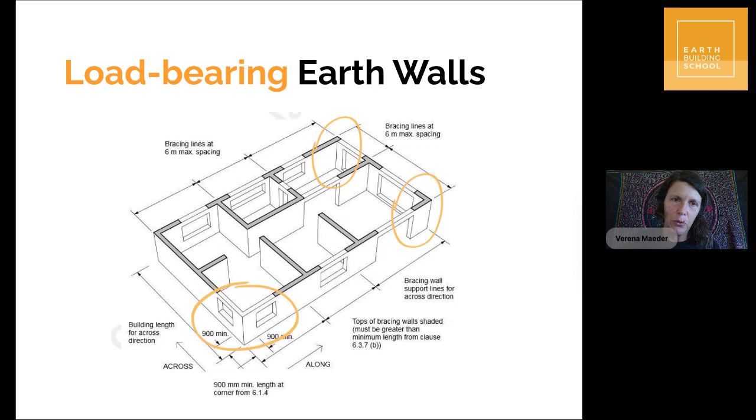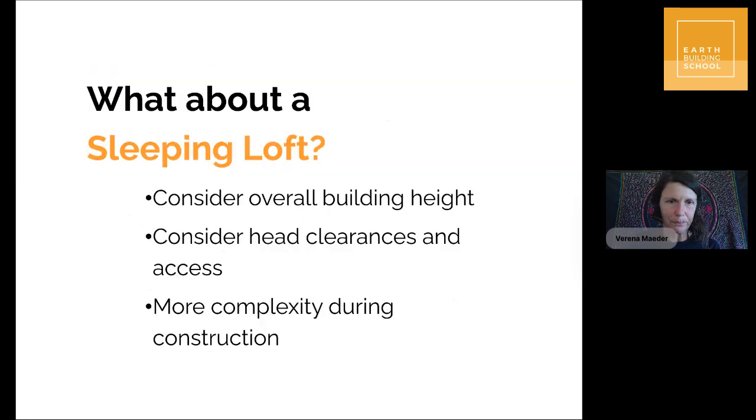But you also see how the exterior measurement is bigger than the interior measurement because of the wall thickness. So when you translate this onto your floor plan, just make sure that when you measure the length in one direction of your corner on the outside of the wall, it is a minimum of 900 millimeters.